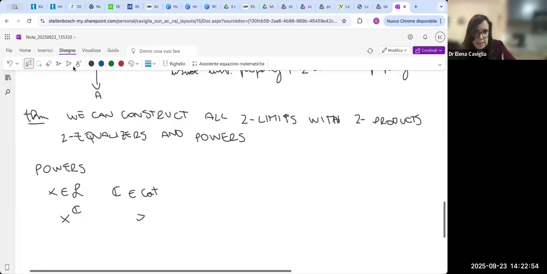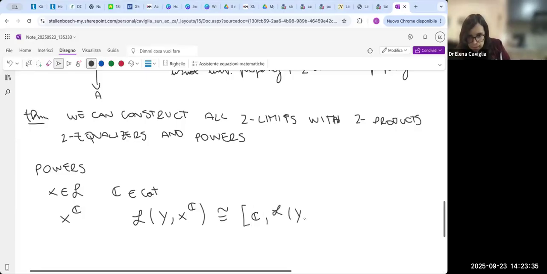And the property it has is that L of y, x to the c, just not to confuse with the notation, is the same as functors between c and L of y, x. So this is the property this power has.